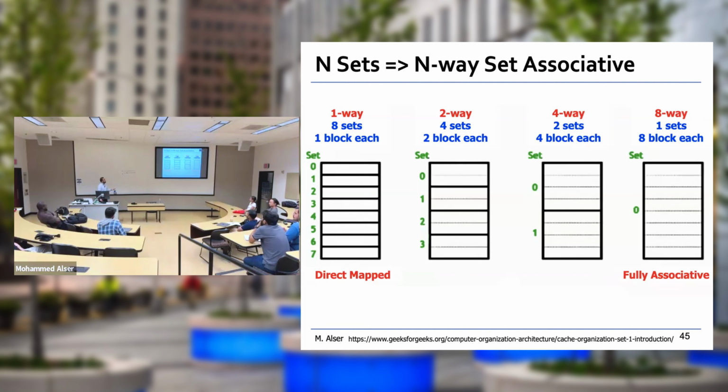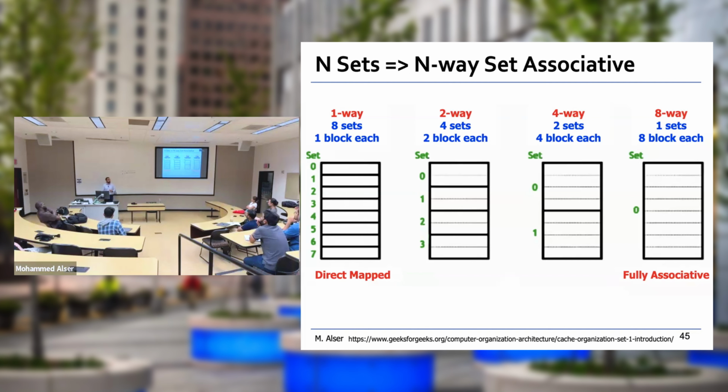When we have the entire cache as one set, we call it fully associative. Fully associative means that the cache block is free to be allocated anywhere within the cache. And you can see the limitation: once we have the cache block assigned anywhere, it basically means more complex hardware, because we need to decode more bits and we need to check more locations in order to know where that cache block exists, right?